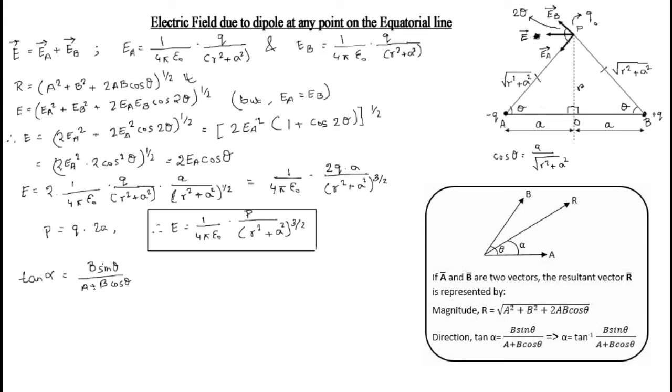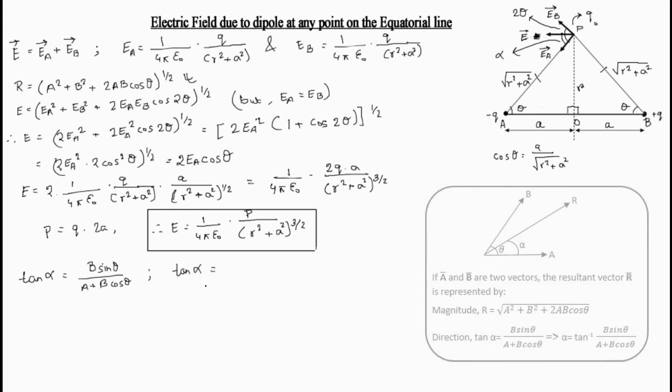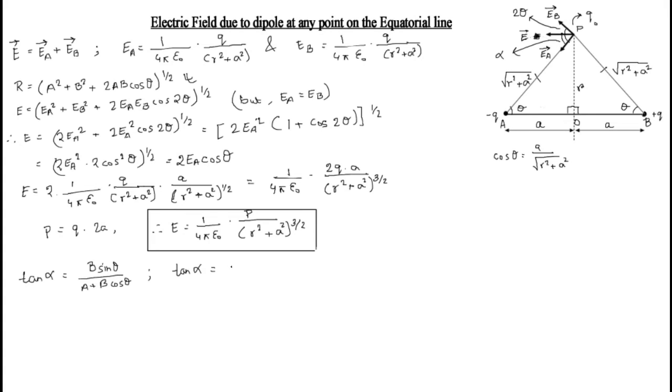So for this, in our case, let us consider this direction, alpha. Look at the diagram. At point P, this is alpha, and tan alpha can be written in this format. So it becomes EB sin theta.